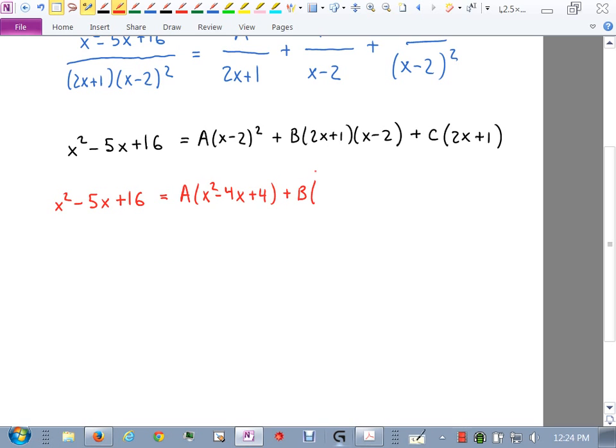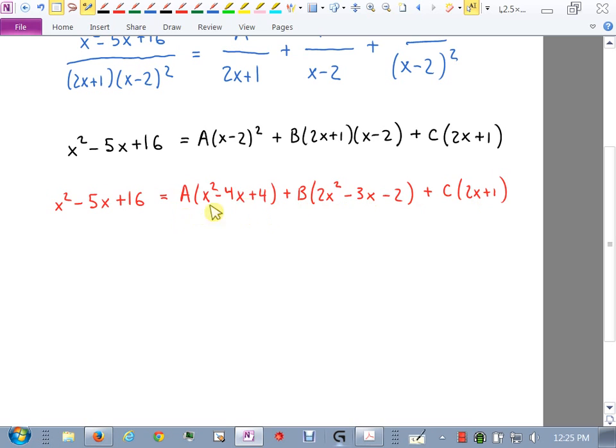So first thing I'm doing is I'm cleaning up everything on the right side, distributing. Let's see, I get 2x squared minus 4 plus 1, so minus 3x minus 2, plus c times 2x plus 1. So before I actually did anything, I squared this, and then I foiled this, and then I didn't touch this.